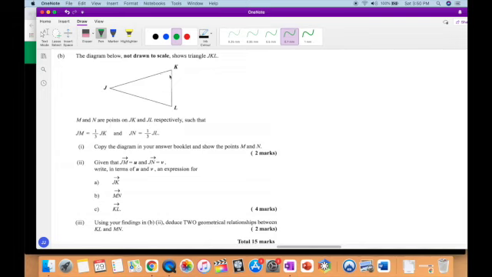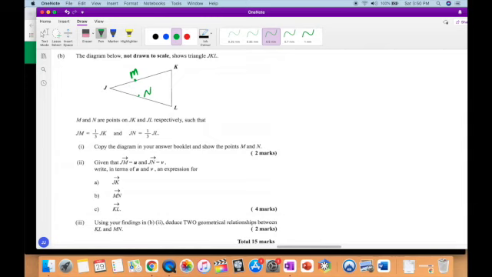So JK has M on it, and JL has N on it. Alright, so let me see where, because I just put the sketch there.